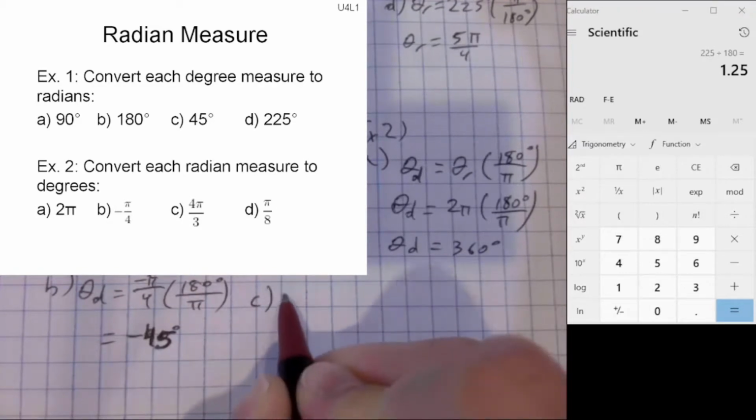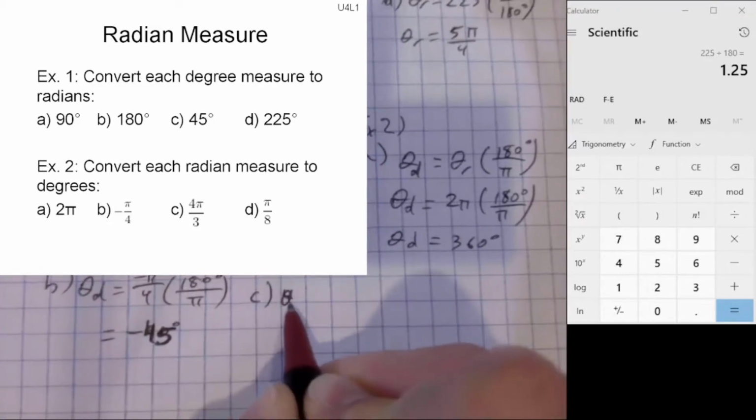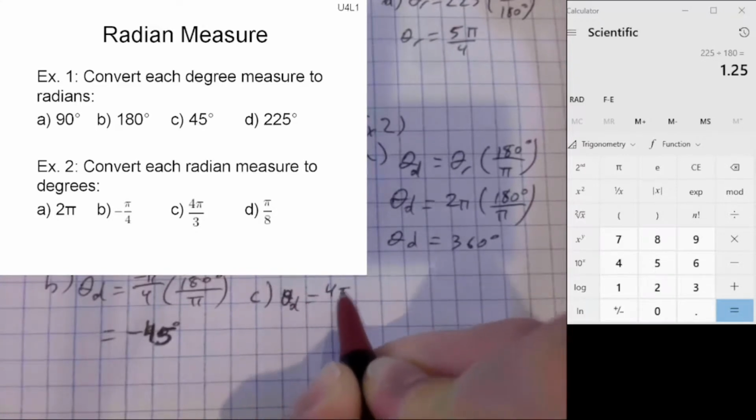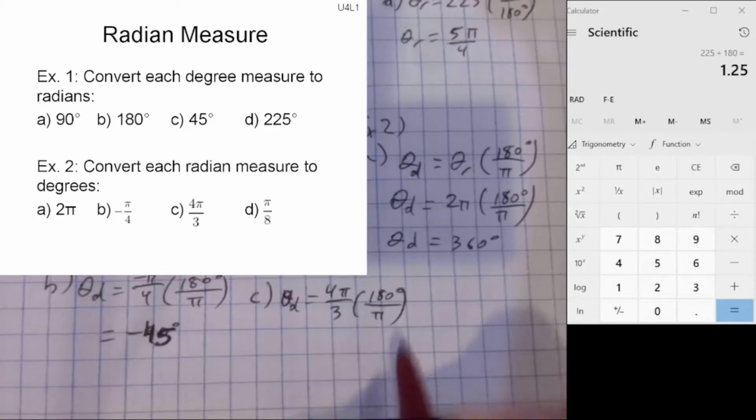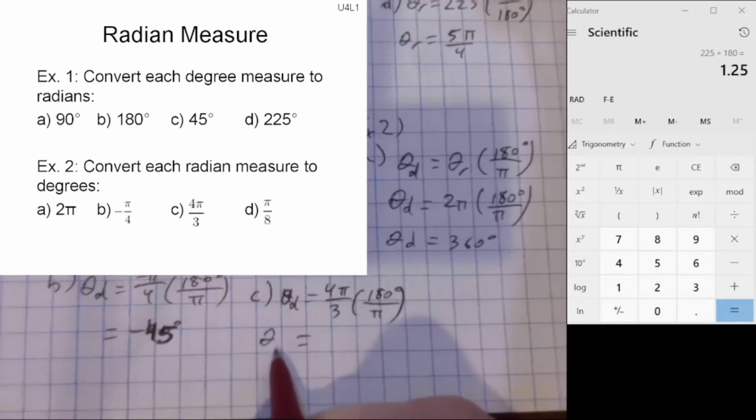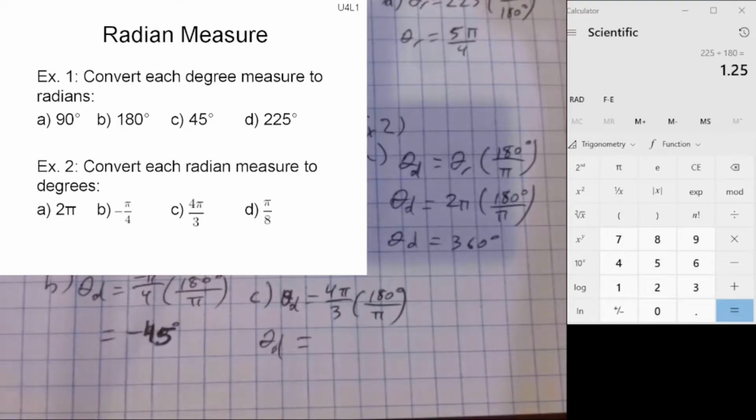The next one, theta of D is 4 pi over 3 times 180 degrees over pi. Again, you could use your calculator for these. We can tell that the pi's are going to divide out. So this would be 4 divided by 3 multiplied by 180. And we're left with 240 degrees.